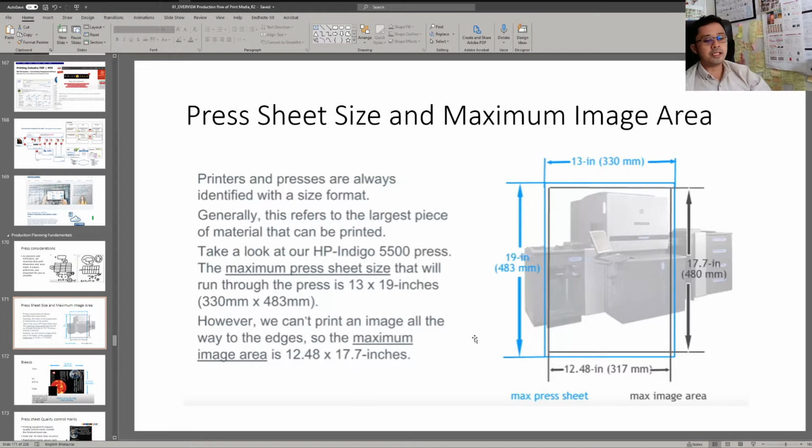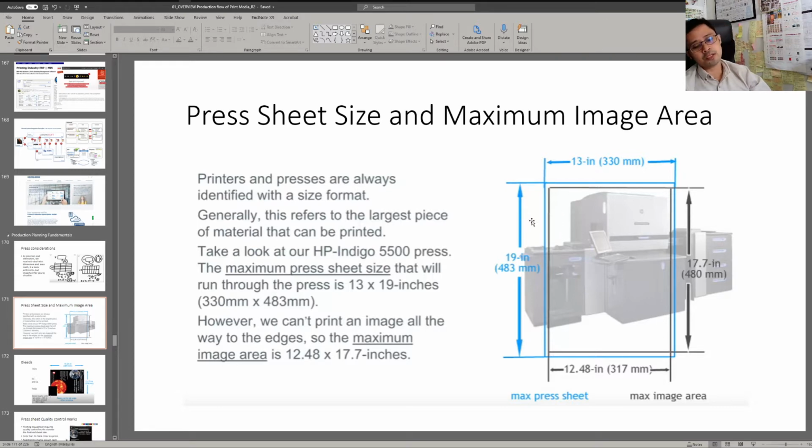So to put this in picture, nak meletakkan dalam satu gambaran, to illustrate my example here, yang biru ni maximum press sheet size ni, max press sheet dia biru. Okay, however, maximum image area yang hitam.